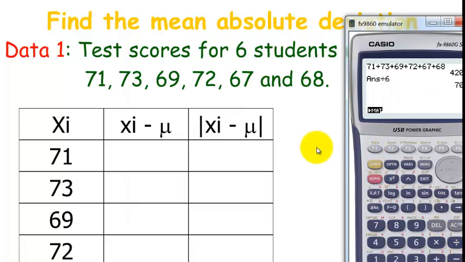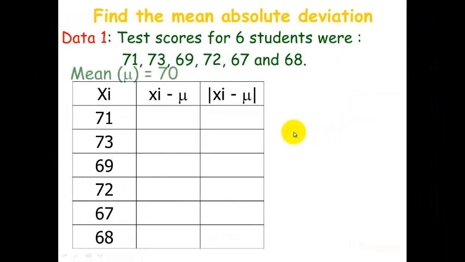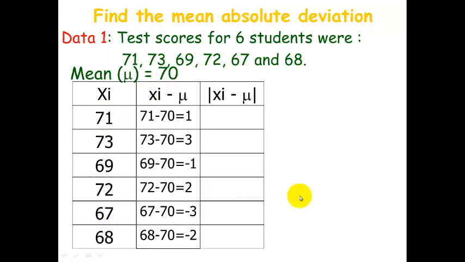So our mean here is equal to 70. Next, subtract the mean from each of these numbers. So this is what we call the deviation from the mean. 1, 3, -1, 2, -3, and -2.